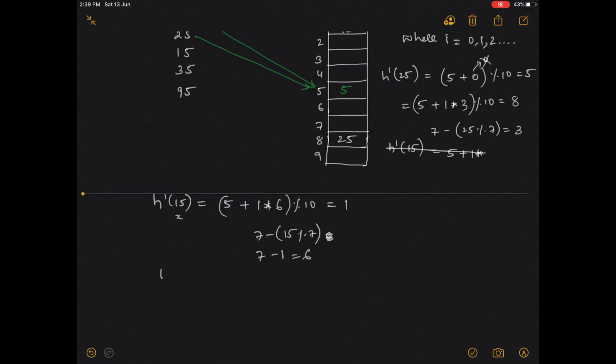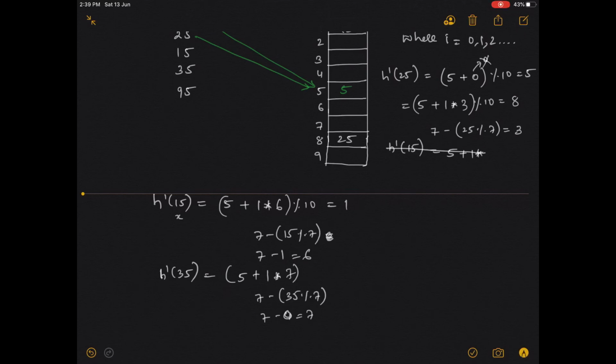Again, taking one more example, 35. Now 35 mod 10 is again 5, which is colliding because 5 is already stored there. So where does 35 have to be stored? h'(35) will use the formula: h1(x) is x mod 10, so this is again 5 plus 1 into 7 minus 35 mod 7, which gives us 7 minus 0, which is 7.